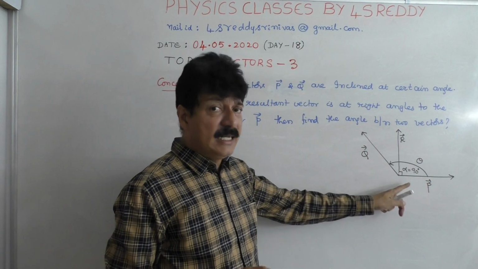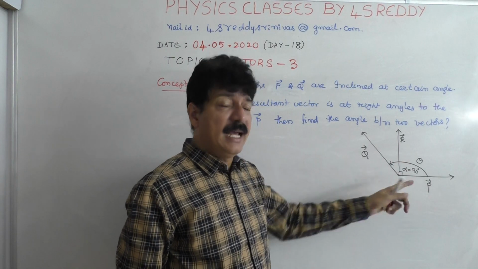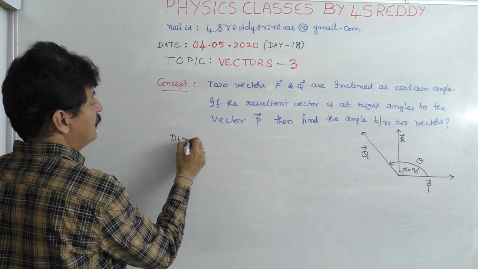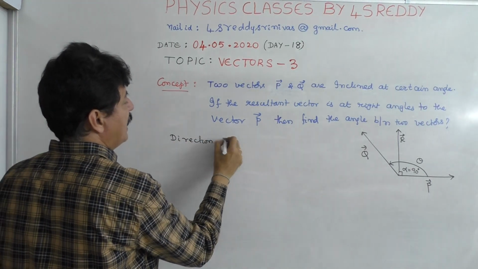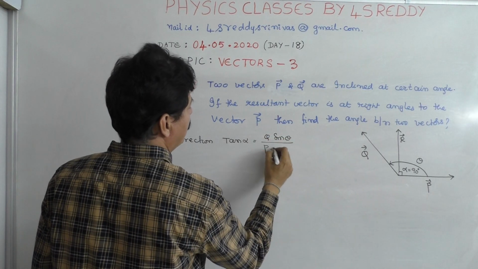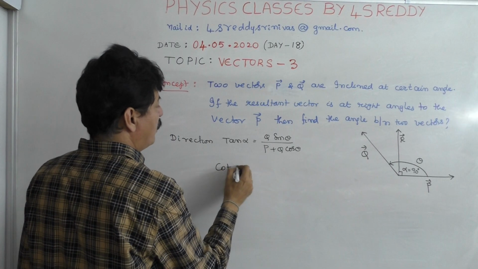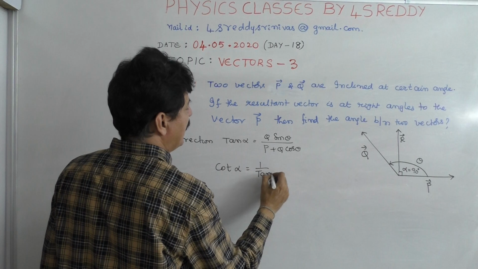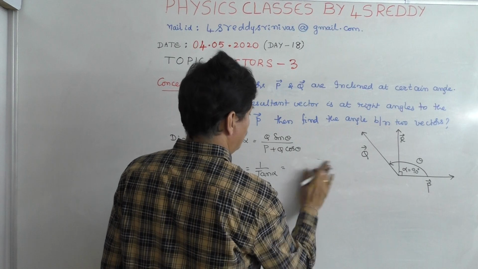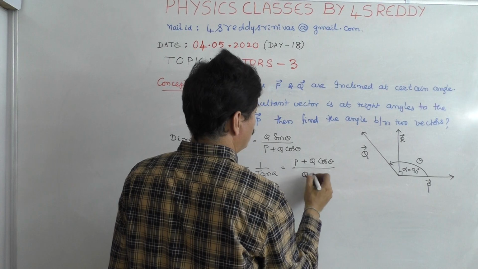That means the resultant of P bar and Q bar is R bar, which makes an angle alpha with this, meaning it gives the direction only. Therefore, for direction, we know that tan alpha is equal to Q sin theta by P plus Q cos theta. Therefore, cot alpha is equal to 1 by tan alpha, which is P plus Q cos theta by Q sin theta.